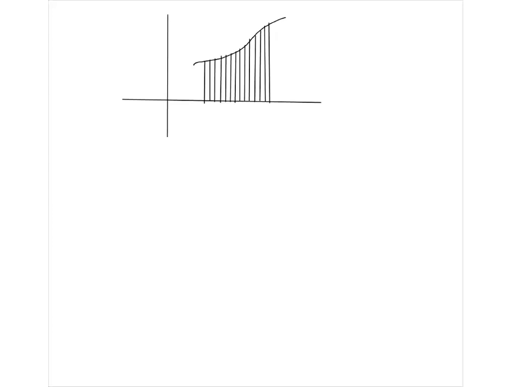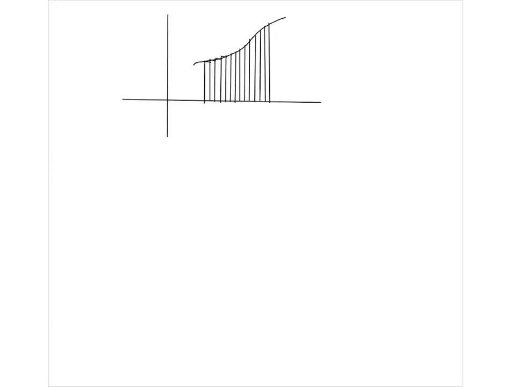Your approximation will be better if they are really thin. Otherwise, this curve part will make your approximation bad. A rectangle is not supposed to have a curved part. So you divide this into as many strips as you can, treat each strip as a rectangle and add them after that. So that's an approximate way to do it.